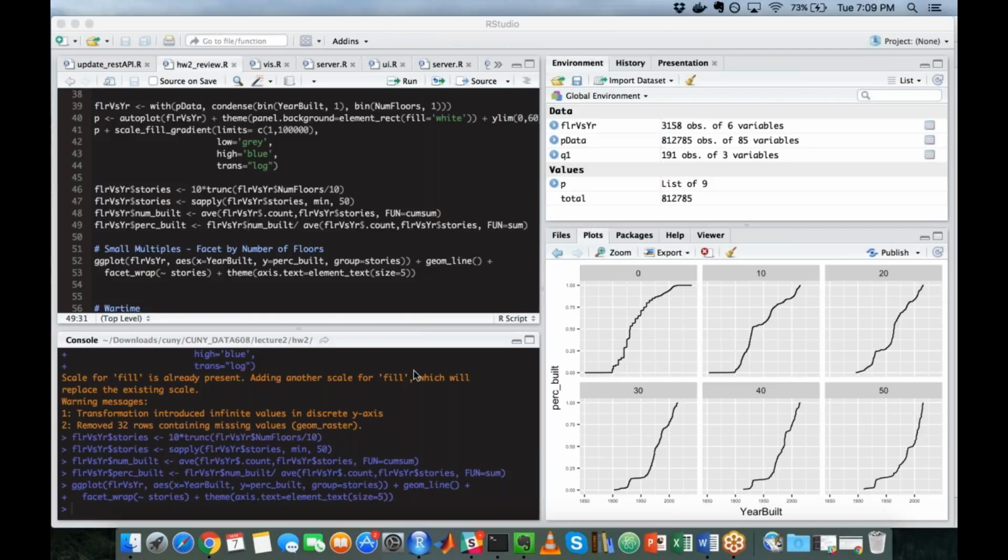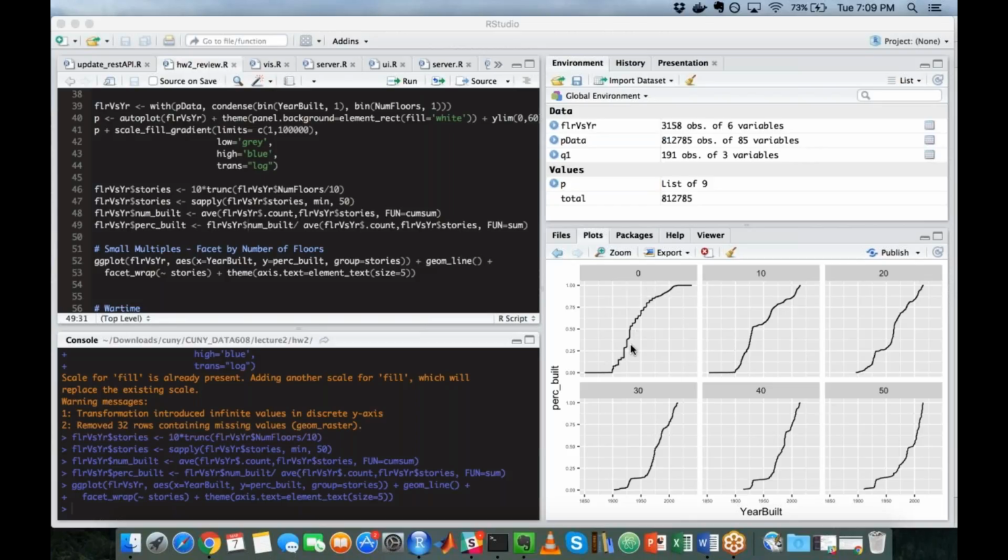With this question, there were a lot of people who had a lot of creative answers. A couple of people, when they faceted it, used facet grid rather than facet wrap like this, and really drove home the point of how buildings are getting taller and taller.